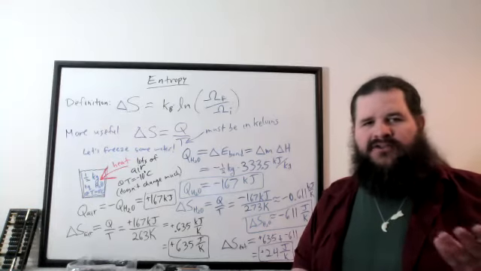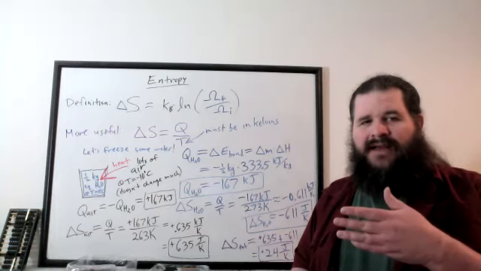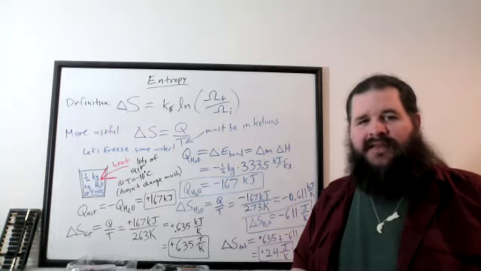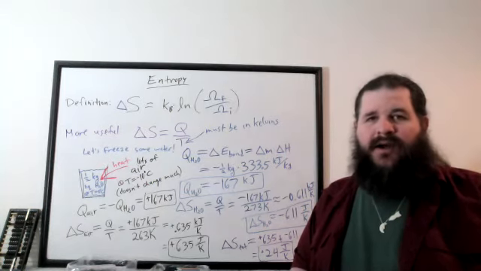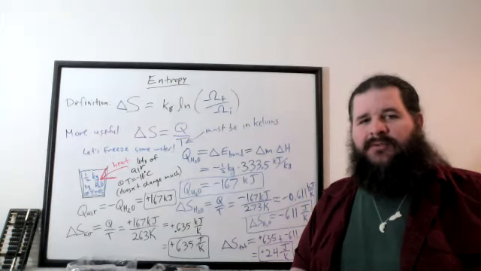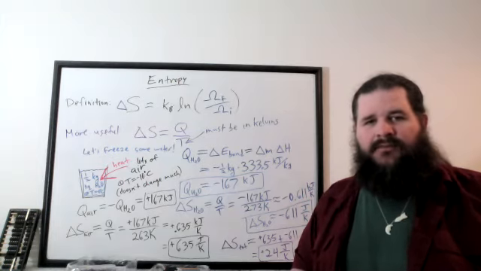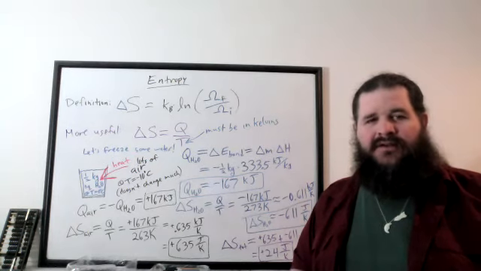For example, an air conditioner, you're cooling off the inside of the house a little bit and dumping lots of heat to outside the house. And this is all powered by a power plant, presumably burning some fuel, causing even more increase in entropy somewhere else. So any decrease in entropy somewhere, it's possible, but you have to increase entropy somewhere else even more to balance that out. Because in total, the entropy of the universe cannot decrease.